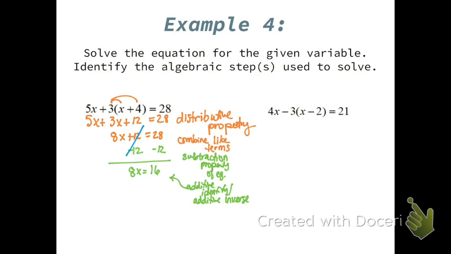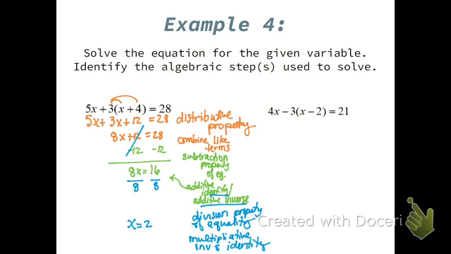And those two steps are using the additive inverse, when we do negative 12 plus 12 is 0. And then the identity when we say that 8x plus 0 is 8x. And then last, we're dividing both sides by 8, which we can do by the division property of equality.